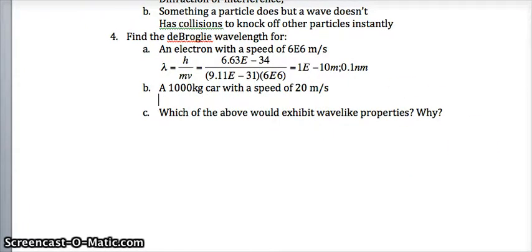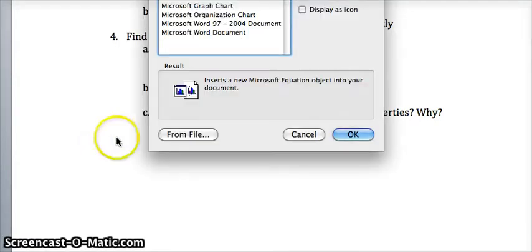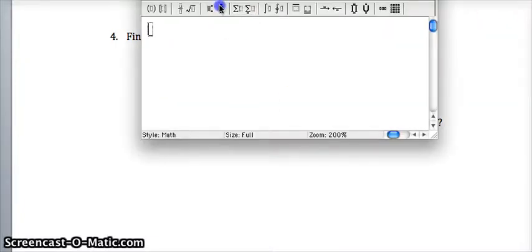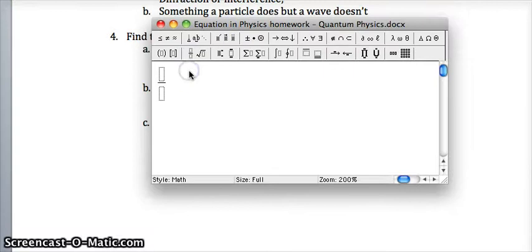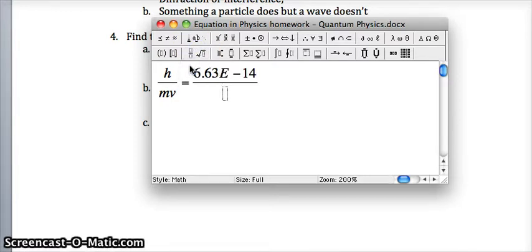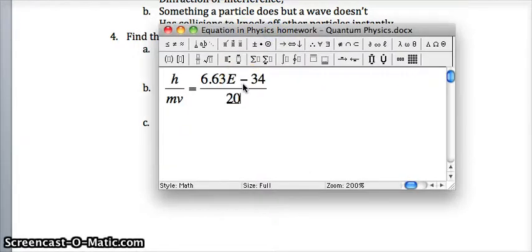On the other hand, if we do the same thing with this car, we have just the exact same equation. The wavelength is h over mv, which is 6.63 times 10 to the negative 34 divided by 1,000 times 20, so you can say it's 20,000.